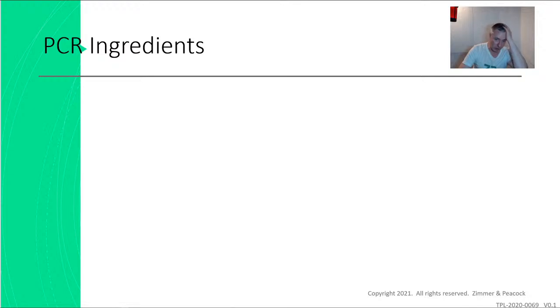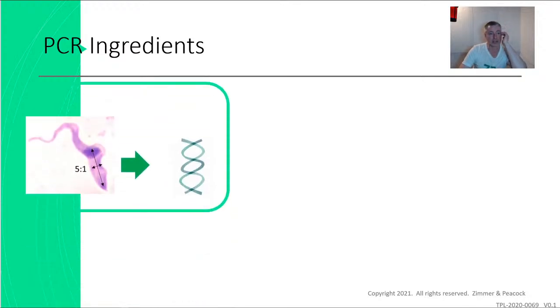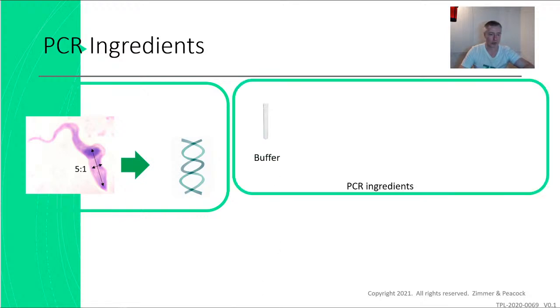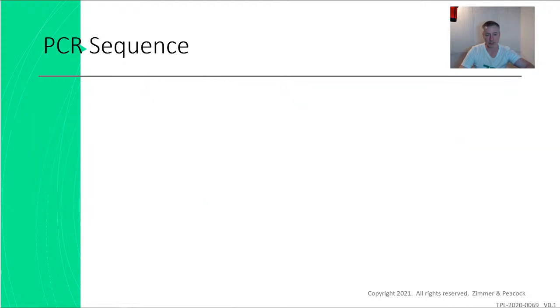First of all, we are quite experienced with PCR at ZP. We appreciate that PCR is a fairly good way of identifying microbes and bacteria and things like that. So we're quite used to using these buffers and these primers and these polymerases and these nucleotides, and we go through the PCR.